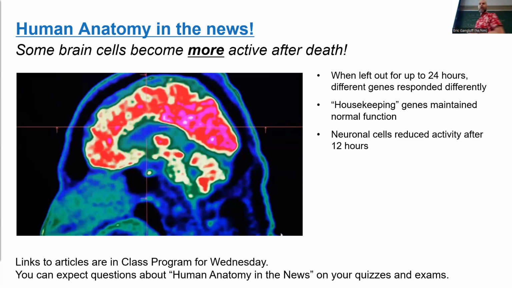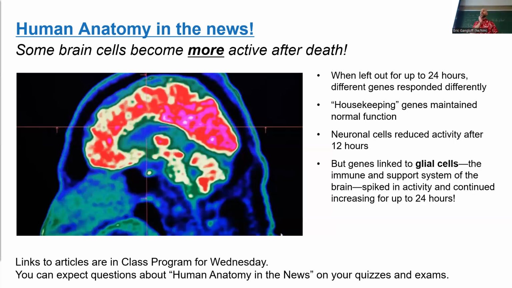And so after 12 hours, these neuronal cells reduce their activity, but genes that were linked to glial cells, so these support cells, actually increased and continued increasing for up to 24 hours. So after death, your neurons decrease activity, but a lot of these other support cells are actually increasing activity, and that activity is spiking.